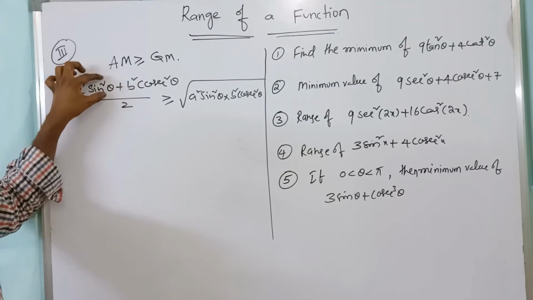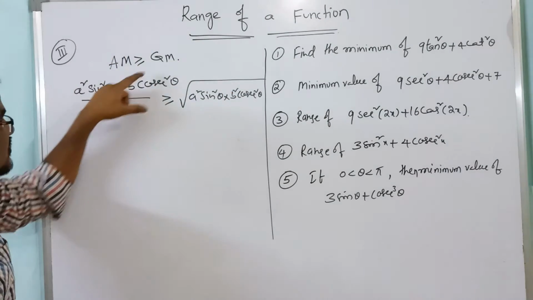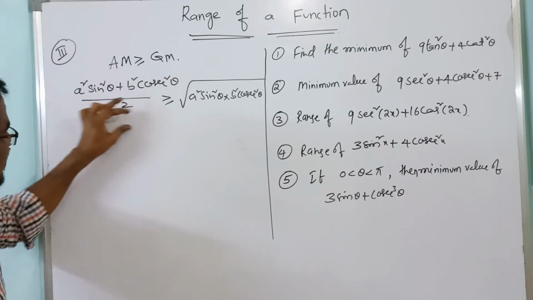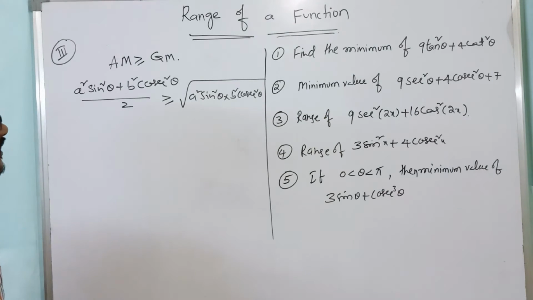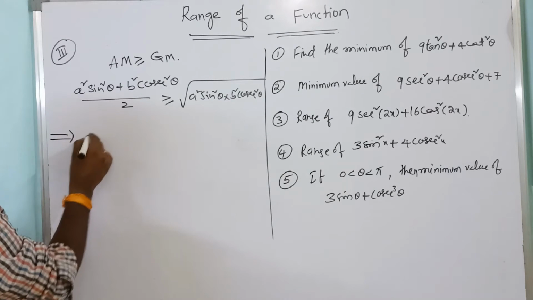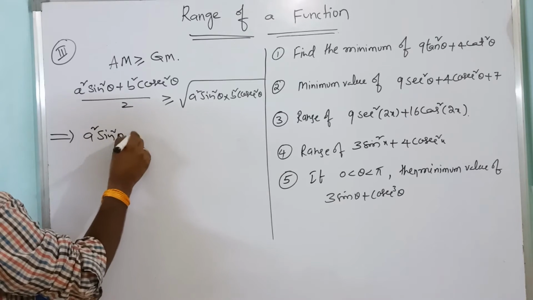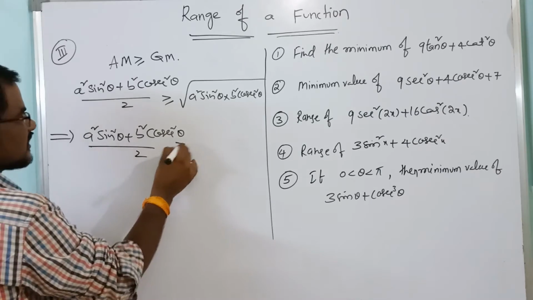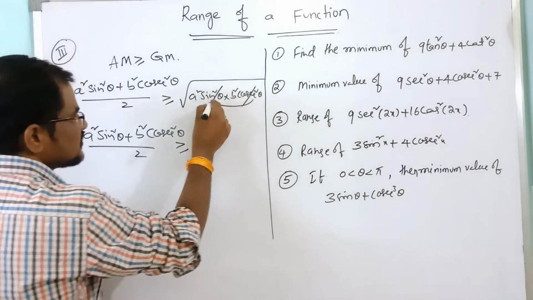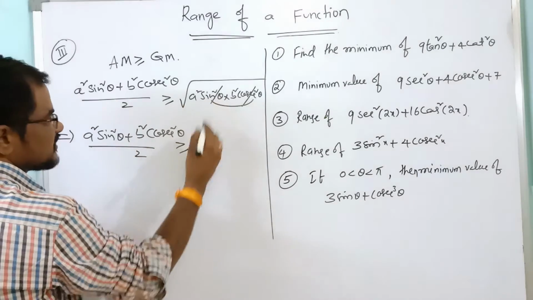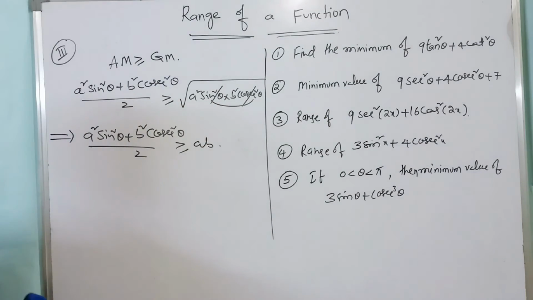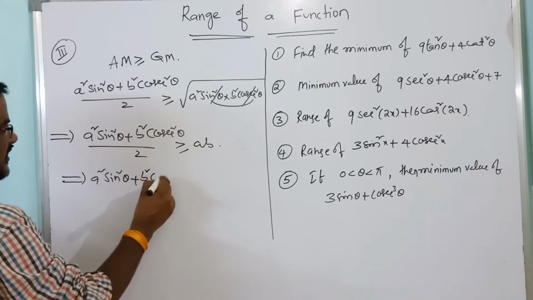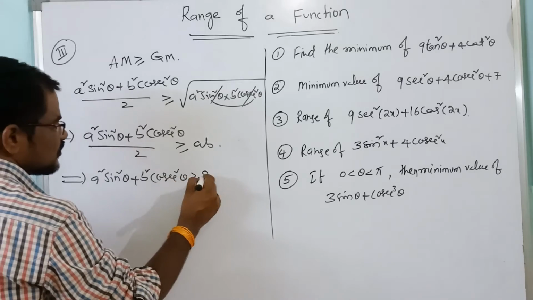Now that implies a square sine square theta plus b square cosecant square theta divided by 2 is greater than or equal to, since these two are reciprocal to each other, you can cancel them, root of a square b square, which means ab you will get. That implies a square sine square theta plus b square cosecant square theta is greater than or equal to 2ab.